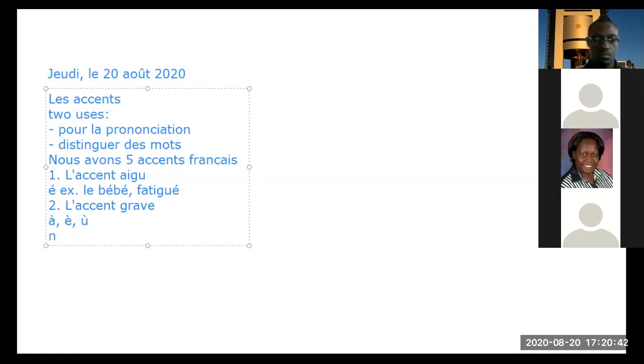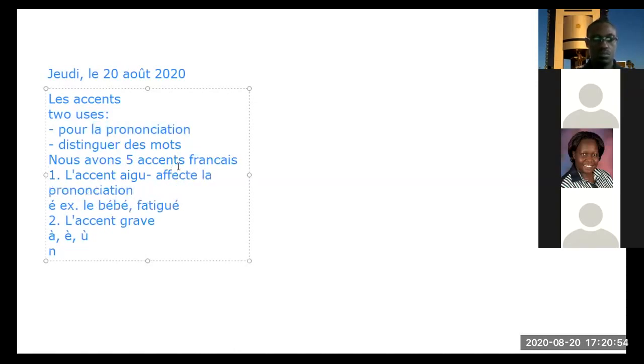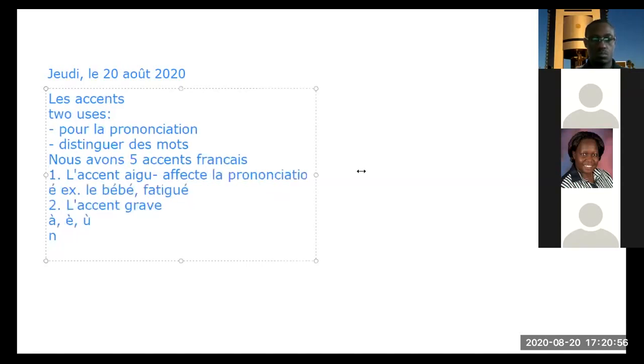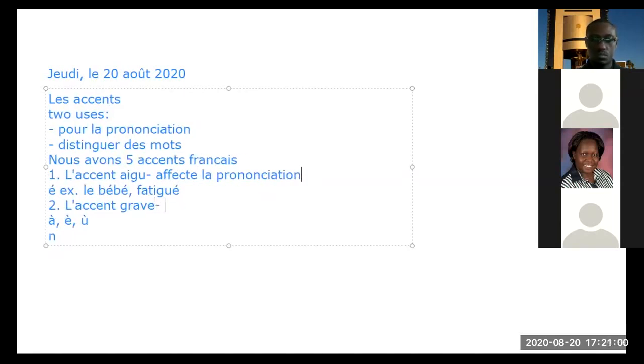That is why when we have it on A for the preposition and A for the verb avoir, they both have the same pronunciation, but the meaning is different. So remember that accent grave does not affect the pronunciation of a word. It will only change the meaning. We can have an example like le père, la mère.